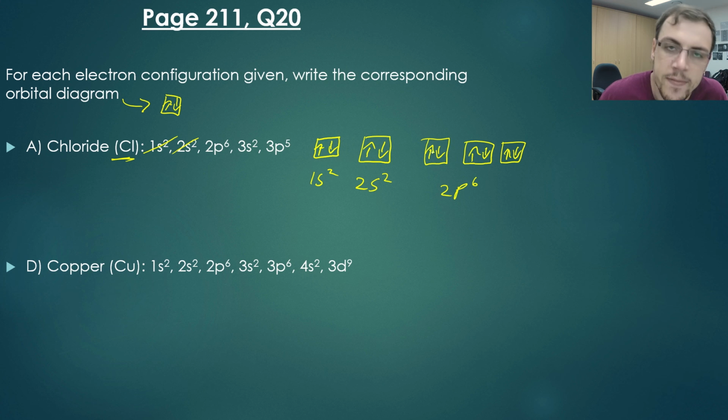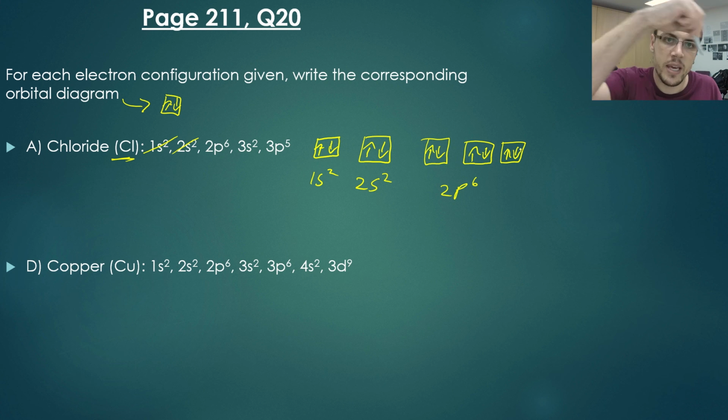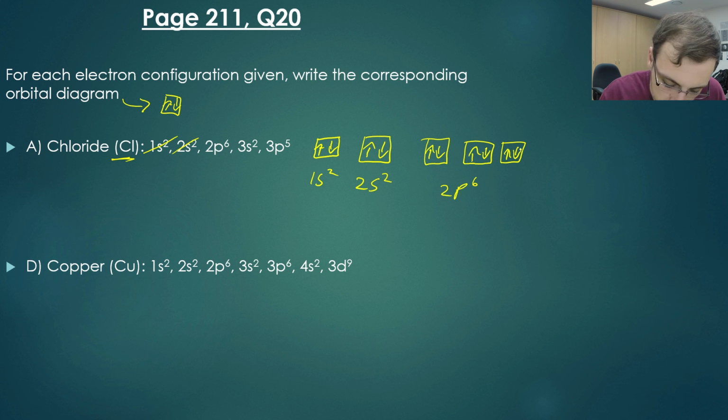Remember, we fill in our orbitals based on the electron spin. So we want them all to point up, then we go back from the beginning and make them all point down. So we've got our 2p6. The next one is 3s2. Again, s has one orbital, so 3s2.